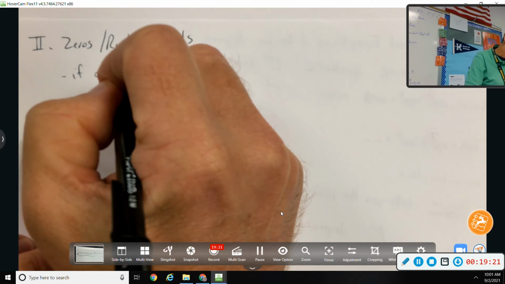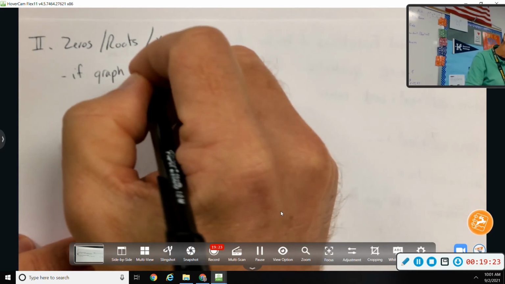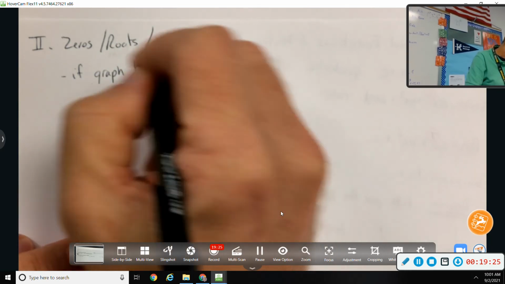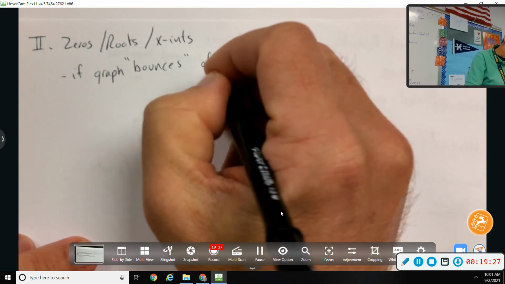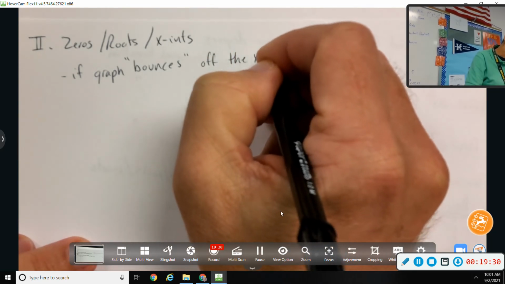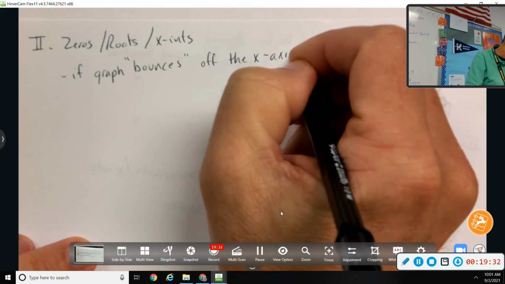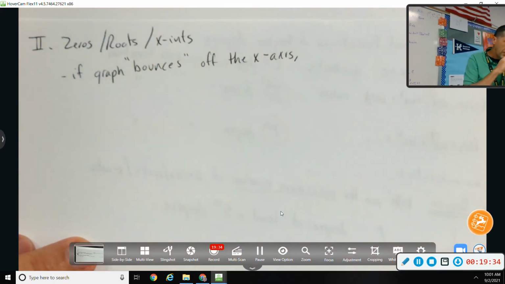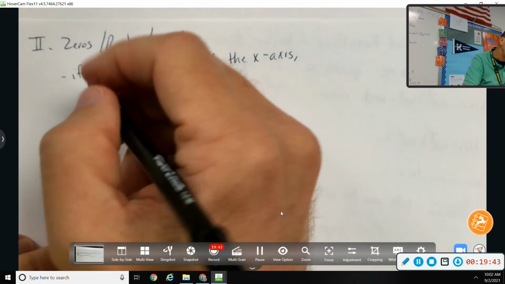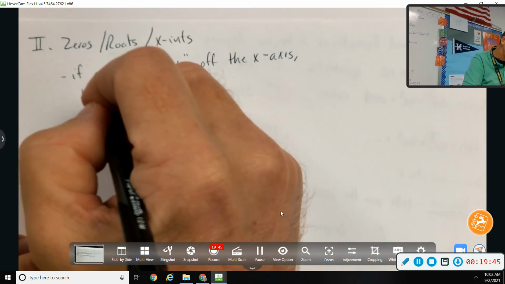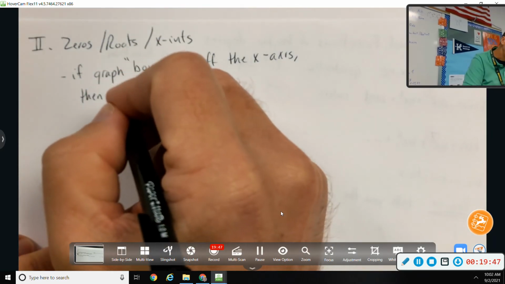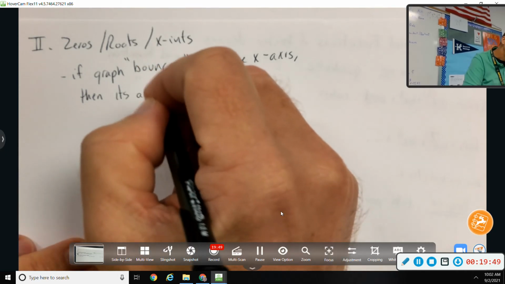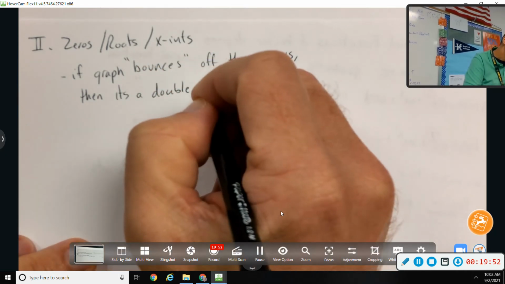All right, if the graph bounces off the x-axis, what does that mean? You remember? We just said it a minute ago. It's second. It means it's a double root. So if it bounces on 0, that's when it's a double root.